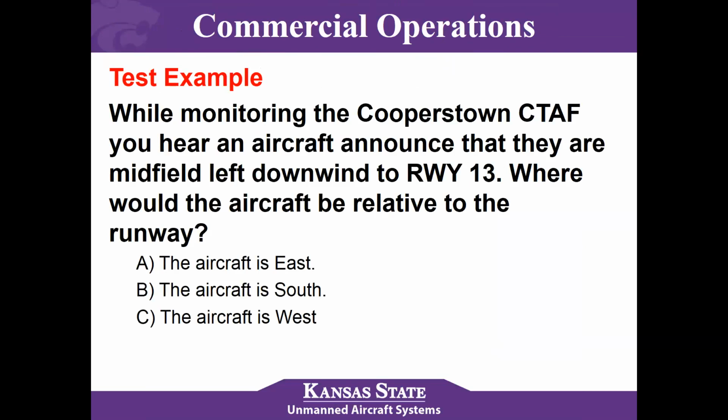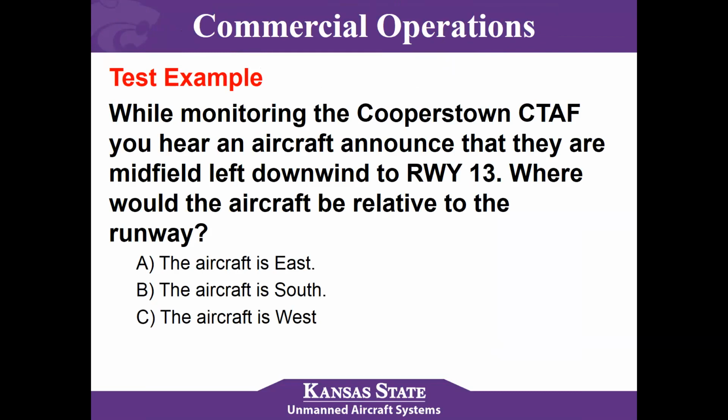So kind of just to give you an idea of what's on the test. So here's a question, and we're not going to go through it. This is just to give you an idea of what they're talking about. While monitoring the Cooperstown CTAF, you hear an aircraft announce that they are midfield left downwind to runway 13. Where would the aircraft be relative to the runway? We're not going to do a poll off this or anything, but there's a lot of information in here.